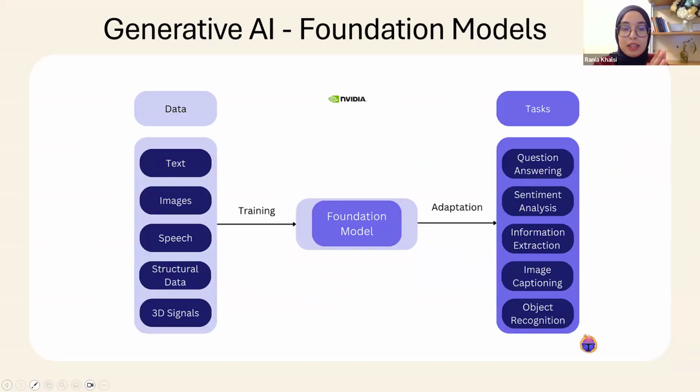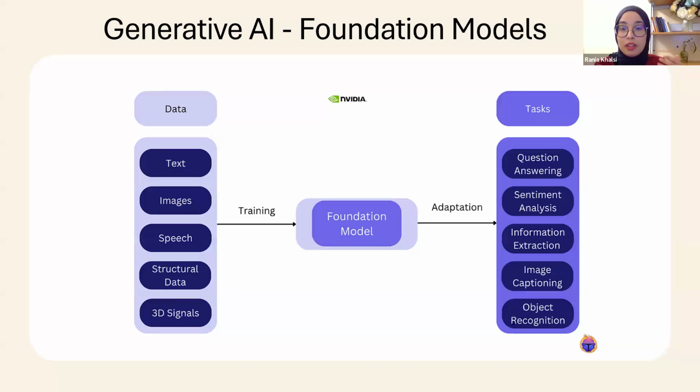Tasks like question answering, sentiment analysis, information extraction, image captioning, and object recognition include working with text data, and it can also work with image data. We can use speech, structural data, or 3D signals. All of these modalities are possible today, and we have huge data sets with these different modalities.